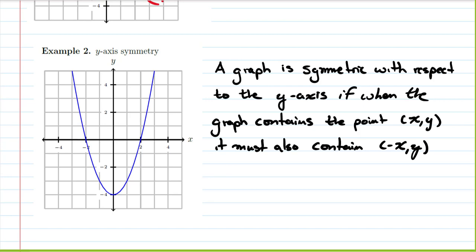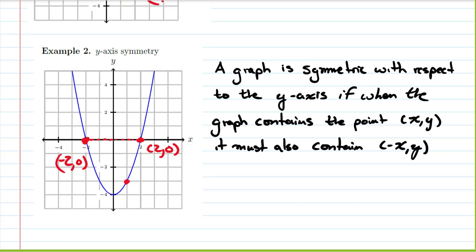So similar to what we saw in the previous example, if I look at my point right here, it has ordered pair negative 2, 0. Because of symmetry, it must also contain the point negative x, so negative negative 2 makes it positive 2, and the y doesn't change. So this time, y-axis symmetry is imagine being able to fold the graph over the y-axis, and our symmetric points would land on top of each other.